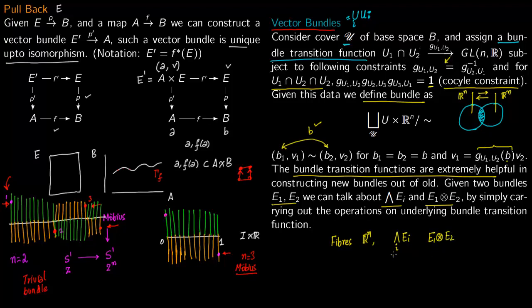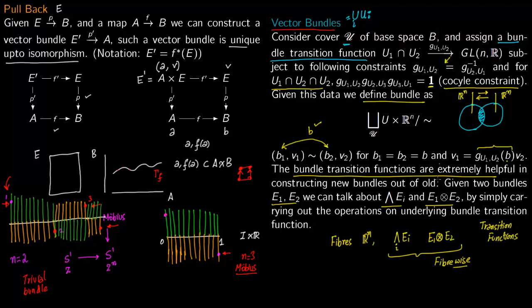So this construction is fiber by fiber. So you do it fiberwise, but then you also have to take care of the transition functions. So for these cases, whatever you do on the fiber, you also do on the transition functions. So everything is preserved.